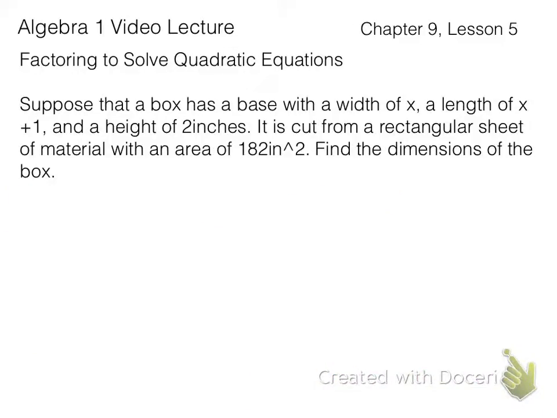Suppose that a box has a base with a width of x and a length of x plus 1 and a height of 2 inches. So basically, let me draw out what this three-dimensional box looks like. It looks just like a turn-your-work-in tray that doesn't have a lid, okay? No lid, all right?